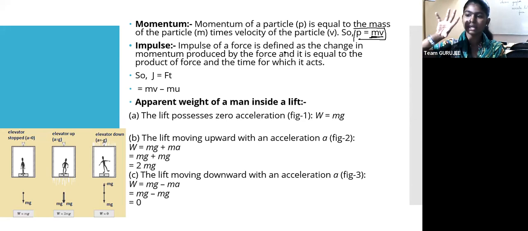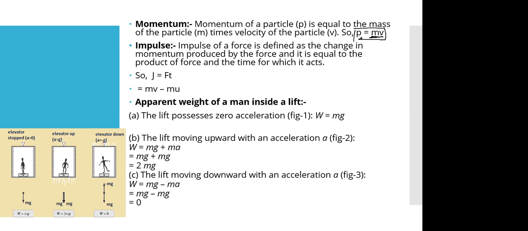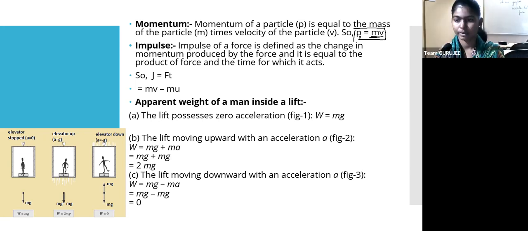So you will say a mass is combined with my velocity, so that is being received by the catcher. That is what momentum is. Clear with momentum? Yes, ma'am. Everyone got what momentum is, right?